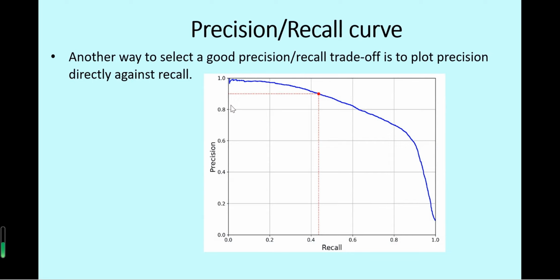From this curve, the precision recall curve, you can see, for example, when we increase the recall from 0.4 to 0.6, the precision will decrease from about 0.9 to 0.8, right?